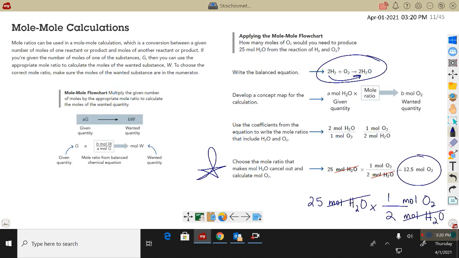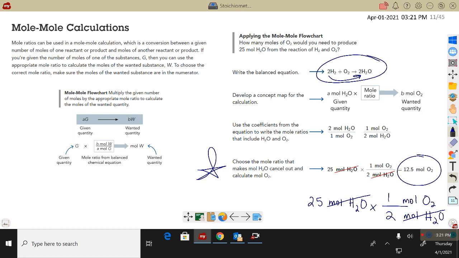Well, yeah, this all makes sense. And that we don't always just produce 2 moles of water. What if I want 25 moles of water? Well, I still need to keep the integrity of that 2:1:2 mole ratio. So if I had 25 moles of hydrogen and 12.5 moles of oxygen, then I can produce 25 moles of water.